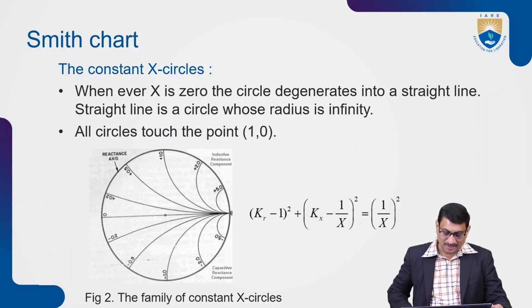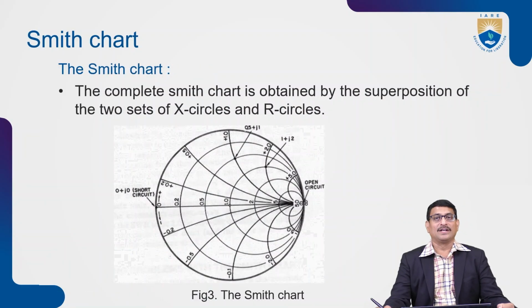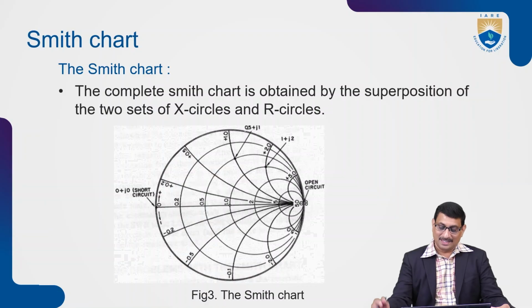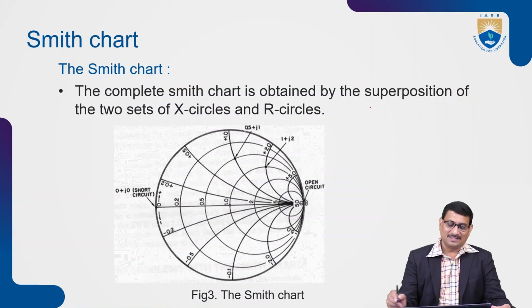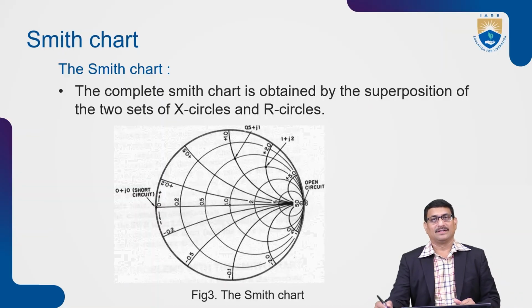So now if both R and X circles are combined together, that is called the Smith chart. The complete Smith chart is obtained by superposing both the R circles and the X circles together.